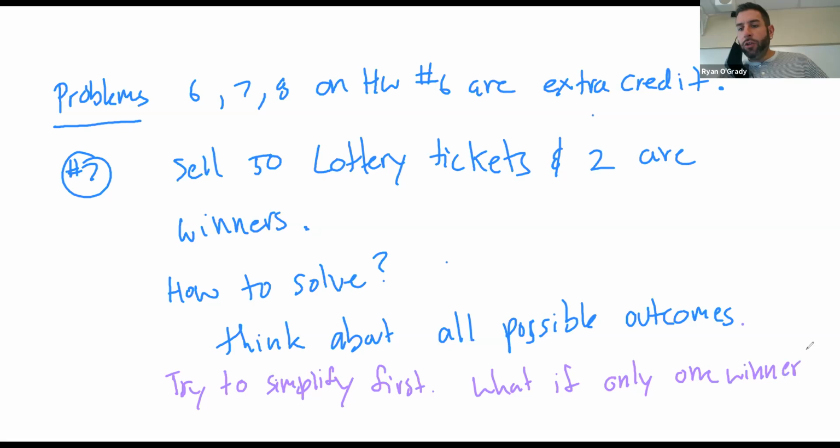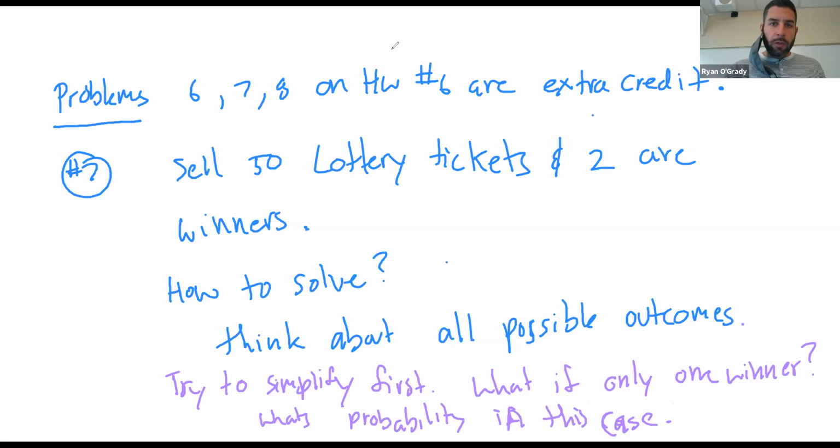For example, what is your probability if there's only one winner? So this is another sort of problem-solving strategy. The problem we ask you to solve is what's the probability you win both prizes? But it might be easier if you first ask yourself, what's the probability that you win one prize if there's only one prize?